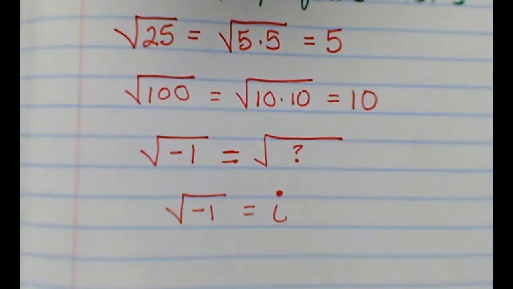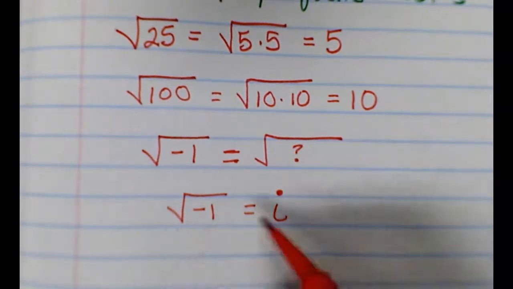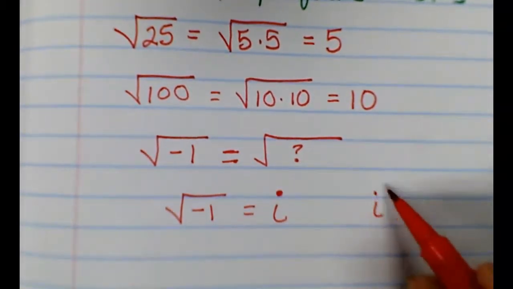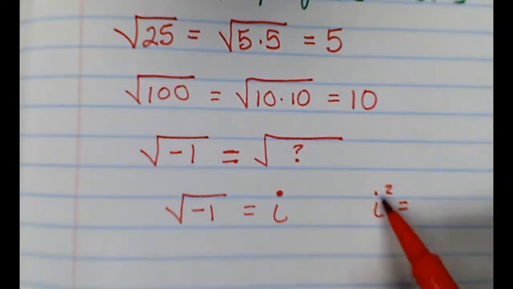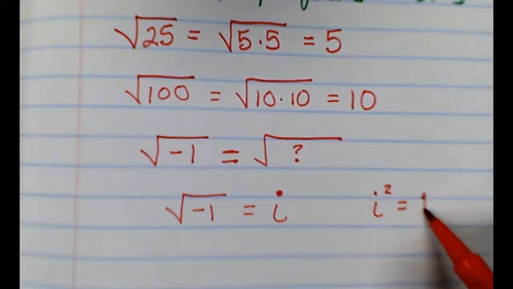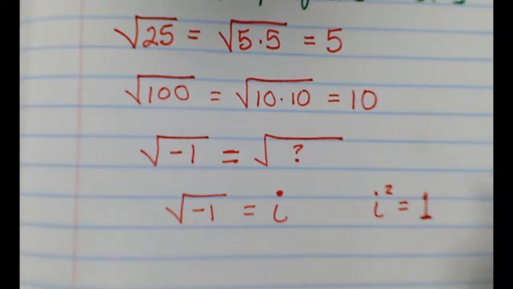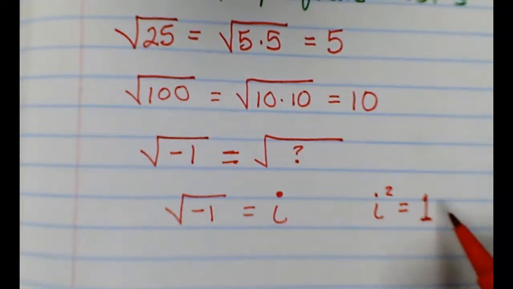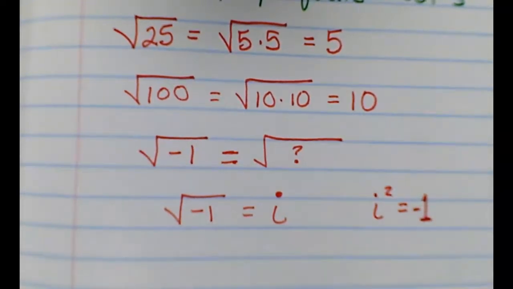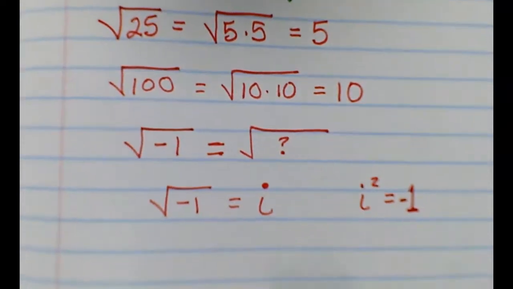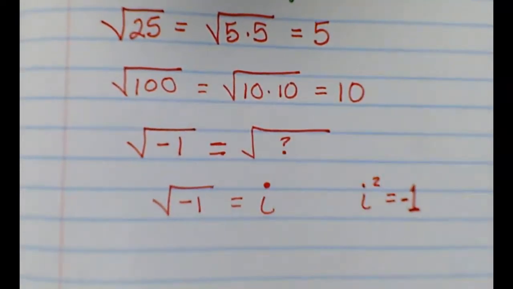By definition, the number i is the square root of -1. And then if I square both sides of that, and the square root and square cancel each other out, i squared is equal to -1. And so that's what your lesson was about yesterday.